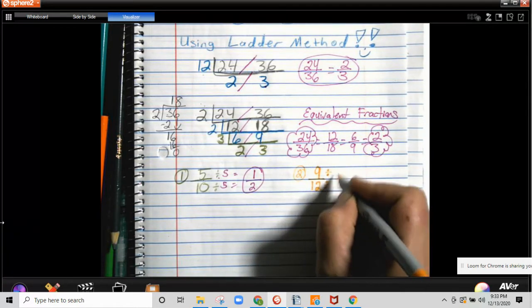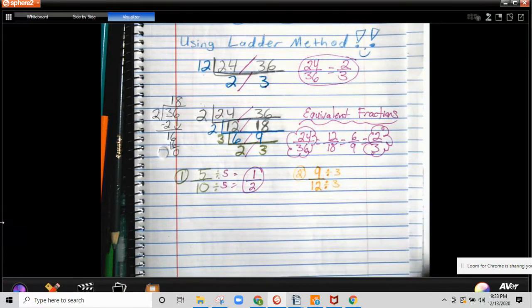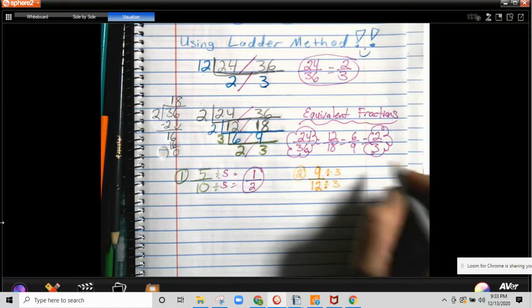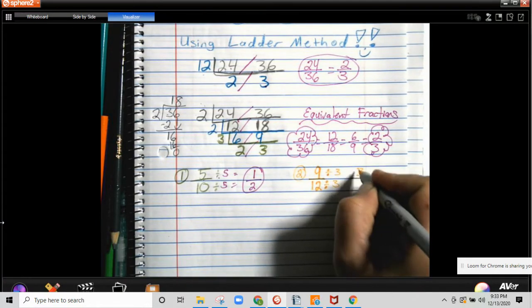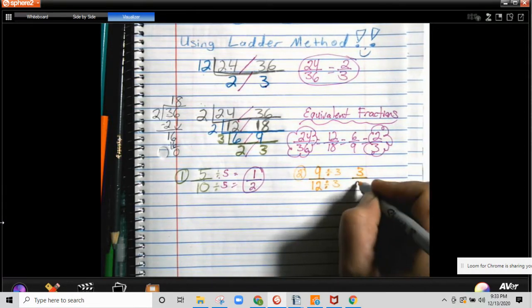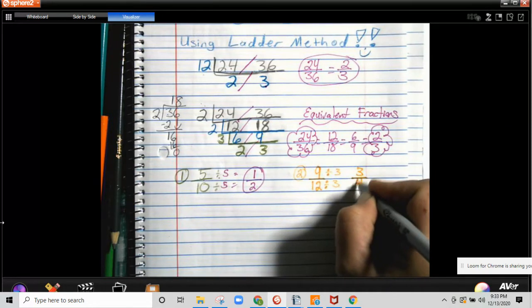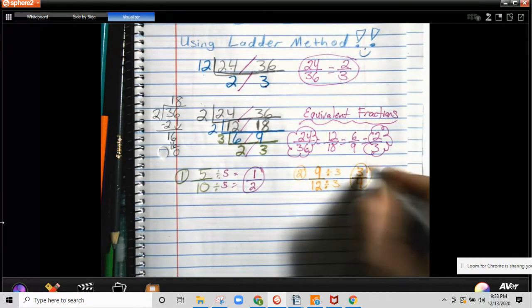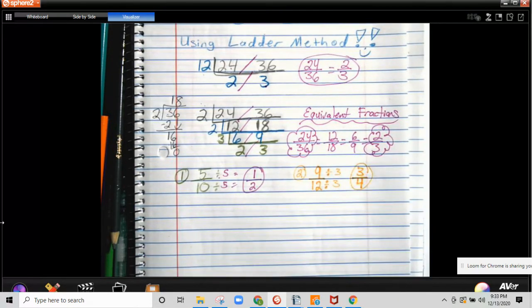I know that number as 3. 9 divided by 3, well, that's 3. 12 divided by 3, that is 4. That's simplest form. Sometimes I may have to keep going. Sometimes I don't.